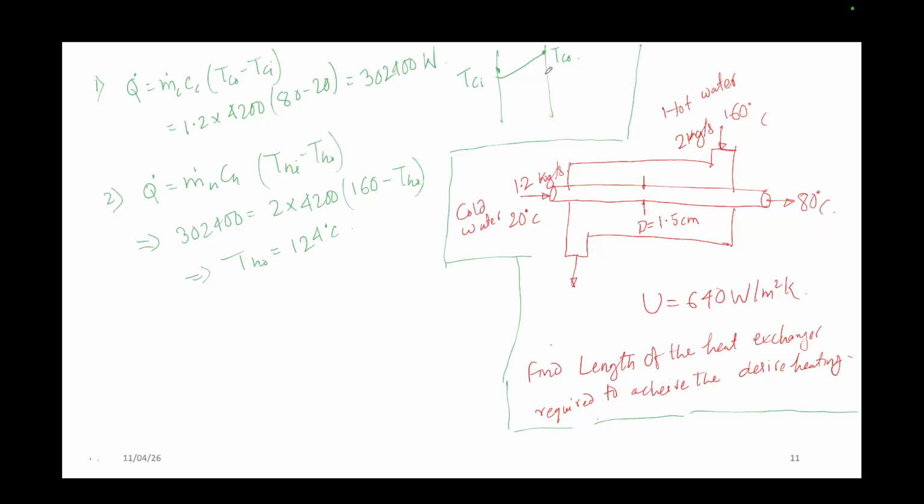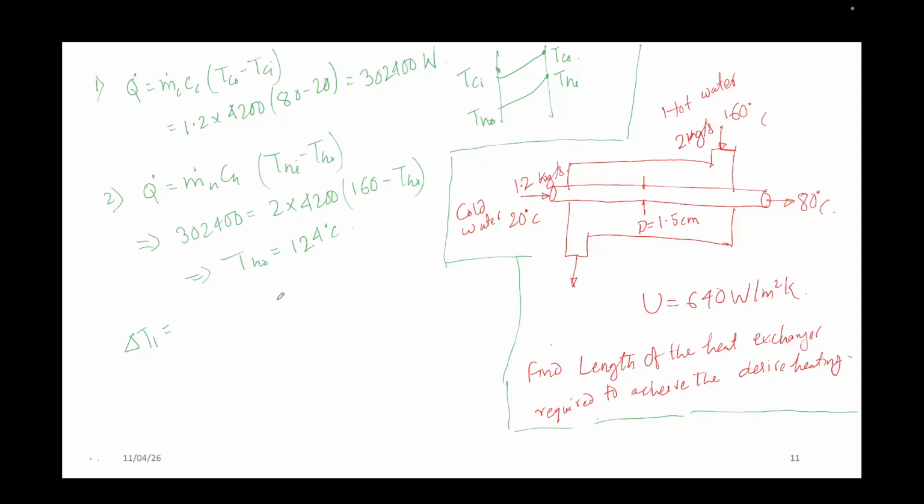And here the hot is starting, THI, and its temperature decreases to THO. So these two differences are del T1, del T2.